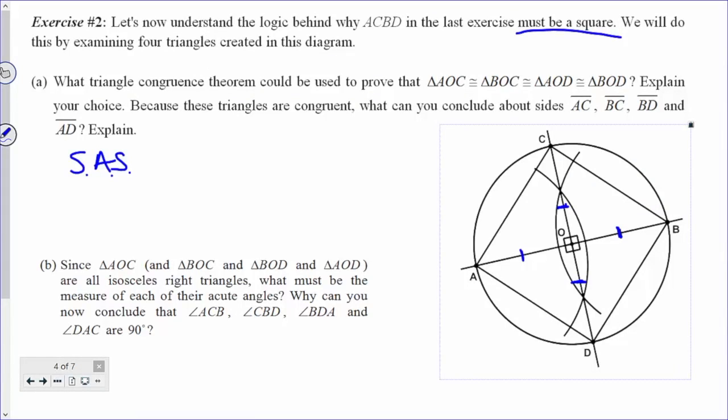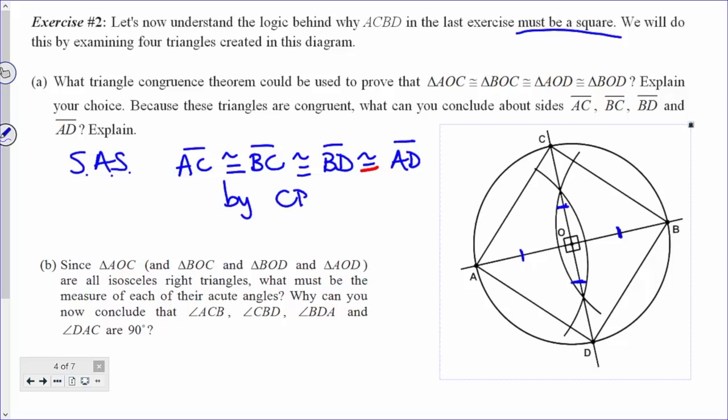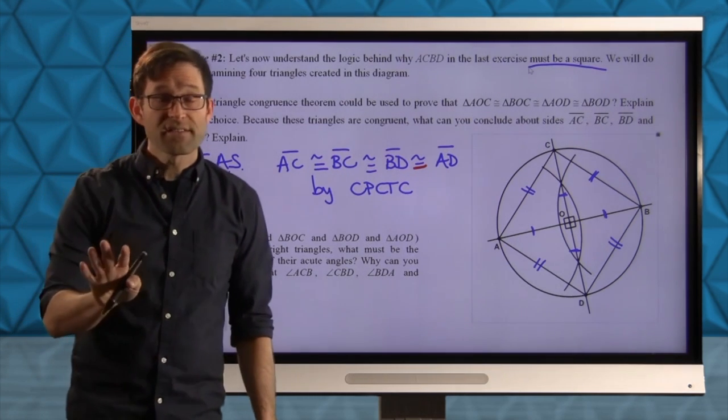I can say that AC is congruent to BC, is congruent to BD, is congruent to AD by CPCTC. Those are corresponding parts of those congruent triangles. That's congruent to that, which is congruent to this, which is congruent to that. Now that's kind of cool, right?